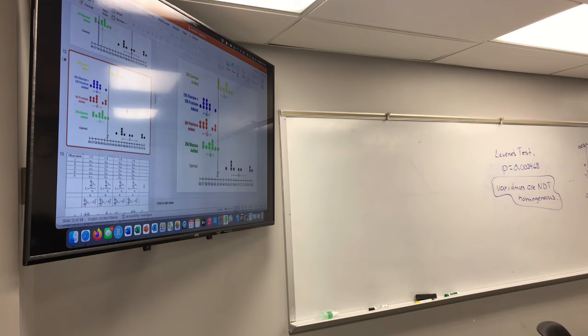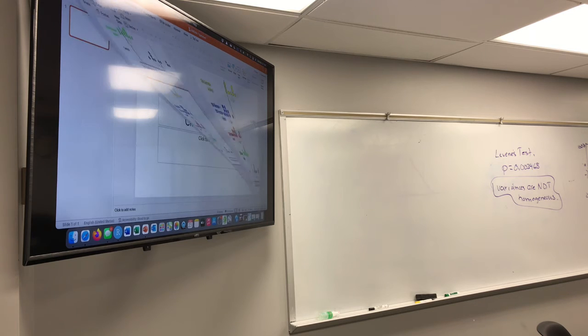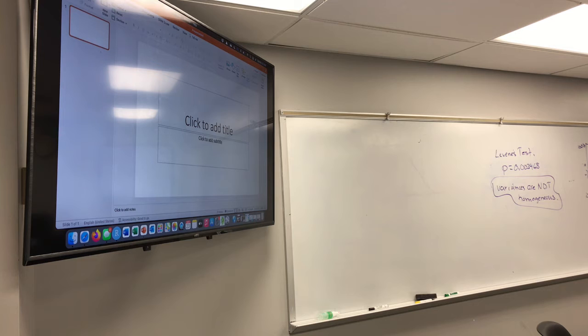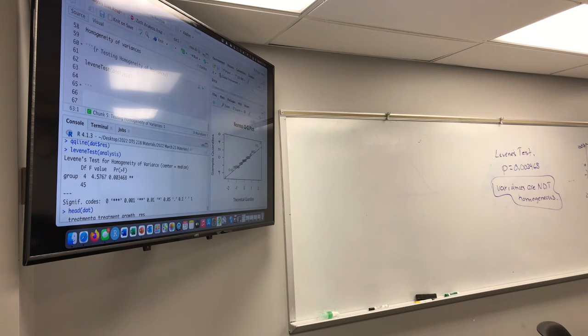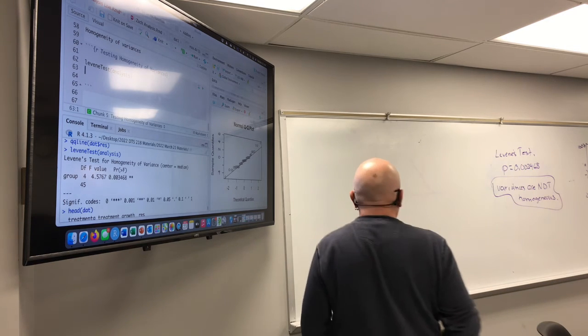Which one do you think is responsible for this significant deviation from homogeneity of variances? Yeah, the control seems really variable compared to all of the other groups, doesn't it? And so what do we do when we have problems of normality, problems with homogeneity of variances? What are some things that we can do?